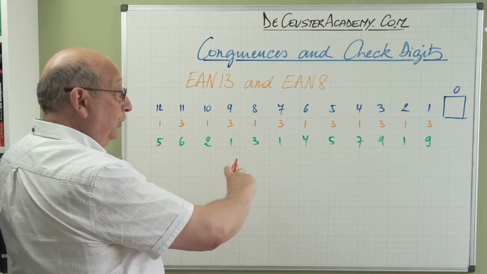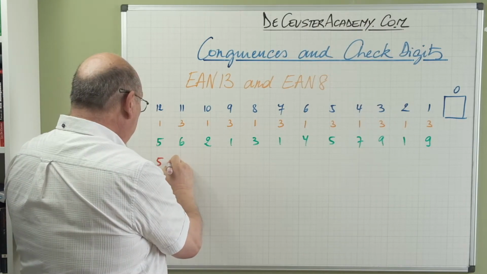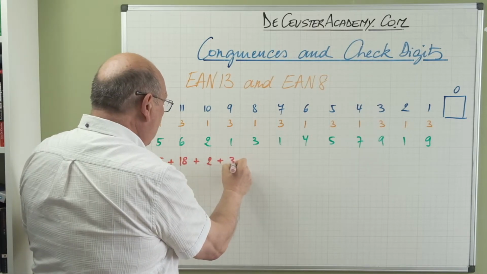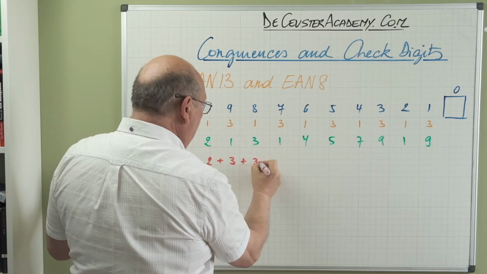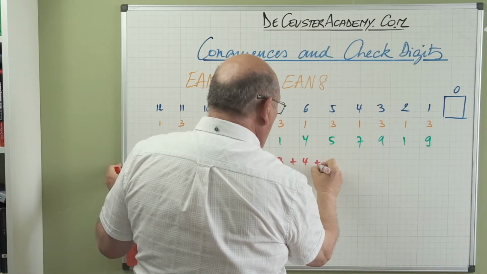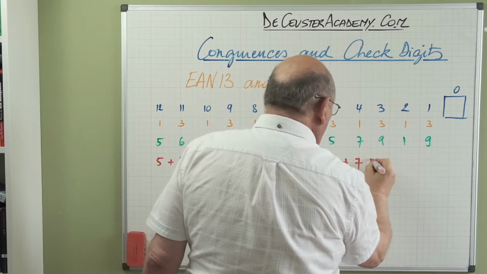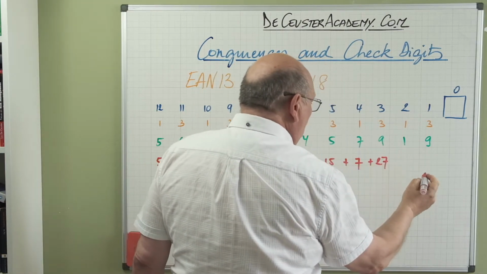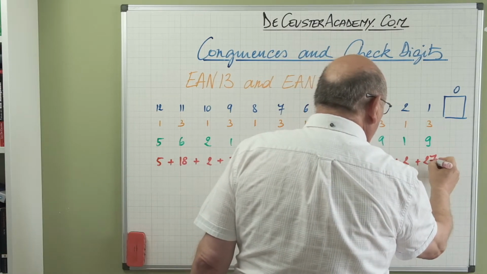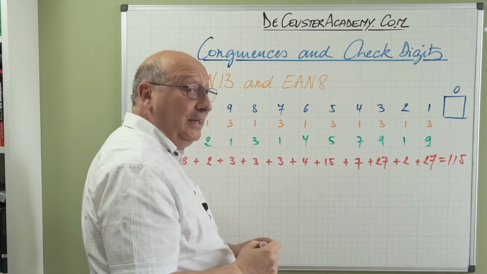So what we have to do is to add those multiplication, and I find here 5 plus 18 plus 2 plus 3 plus 3 plus 3 plus 4 plus 15 plus 7 plus 27 plus 2 plus 27, and we make the sum. This is equal to 115.